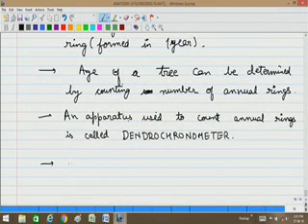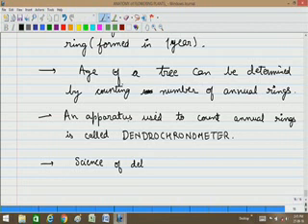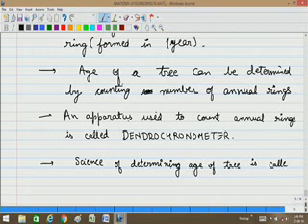Dendrochronology, the science of determining the age of a tree, is called dendrochronology. Now I'll explain what dendrochronology and dendrochronometer is.